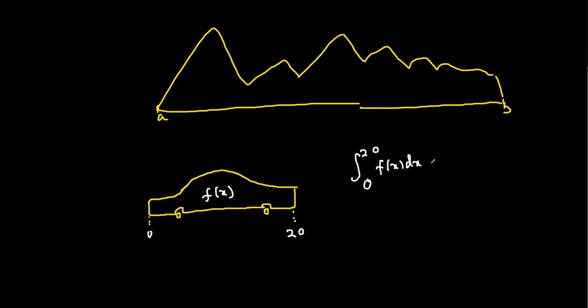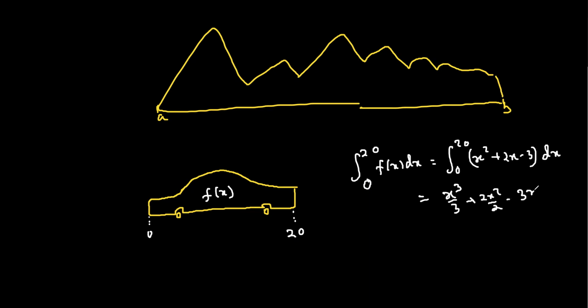Let's suppose the function is x square plus 2x minus 3. How do I know this? I am guessing one function like this. And we are integrating this function from 0 to 20. So integration of x square is x cube over 3, and integration of the constant is 3x. Put x equal to 20. First we put the upper limit. 2 cancel.